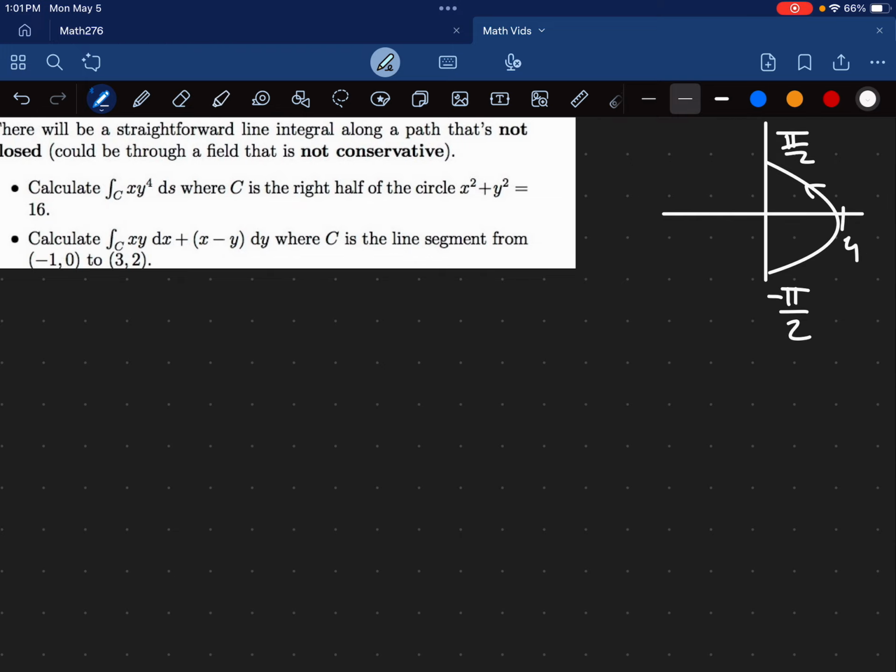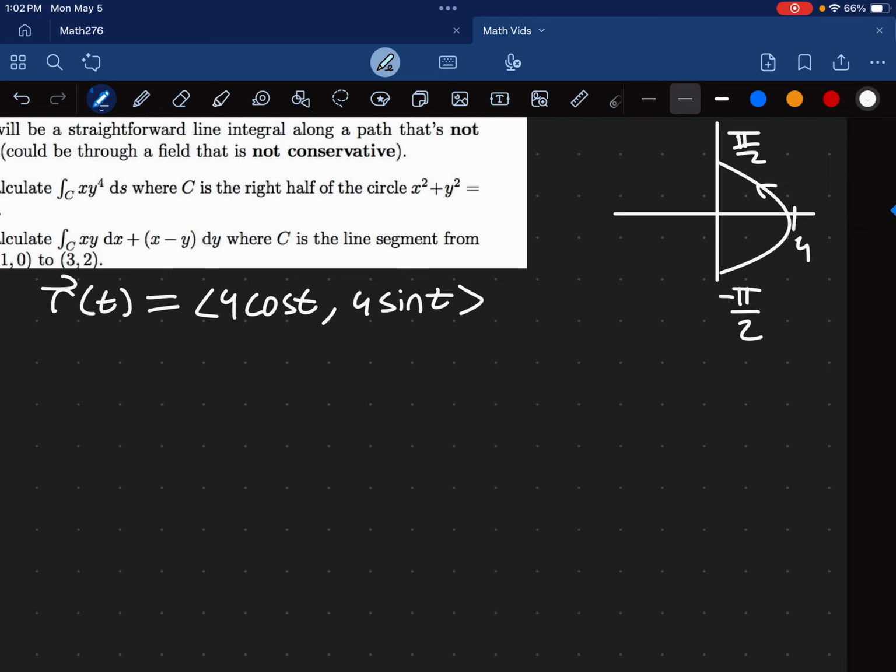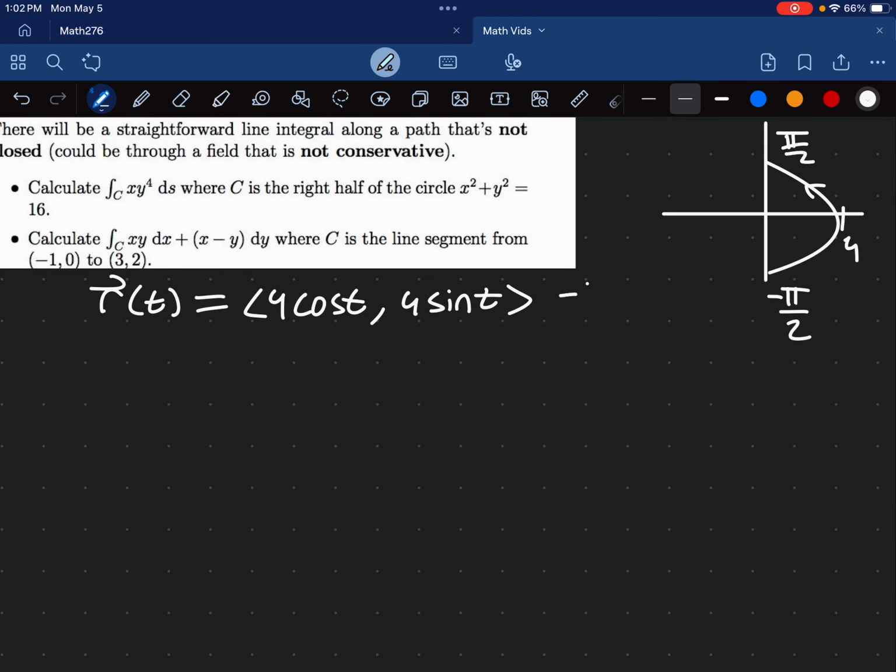The general parameter for a circle is x would be r times cosine t, or cosine theta, whatever you let your variable be. So in our case, it is 4 cosine t, 4 sine t. And now you need to specify where your values of t are going from. For us, they go from negative pi over 2 to positive pi over 2.